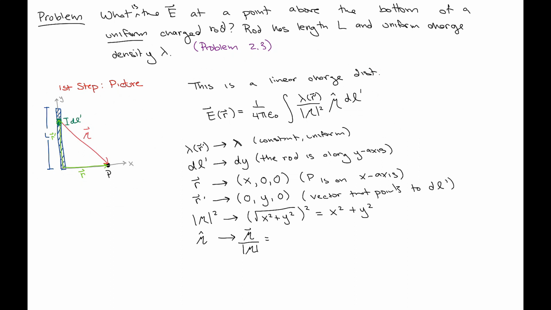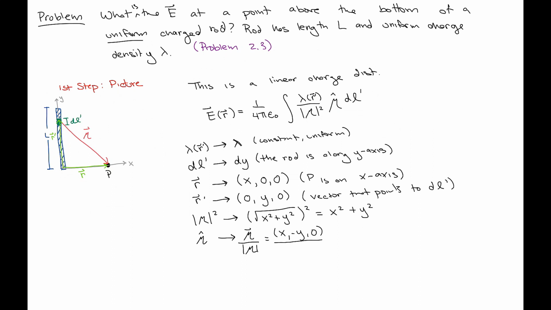If I look here, my separation vector has a component in the x direction that's just x, and the component in the y direction is negative y. So if I write my separation vector in component form, it's going to look like x, negative y, 0.